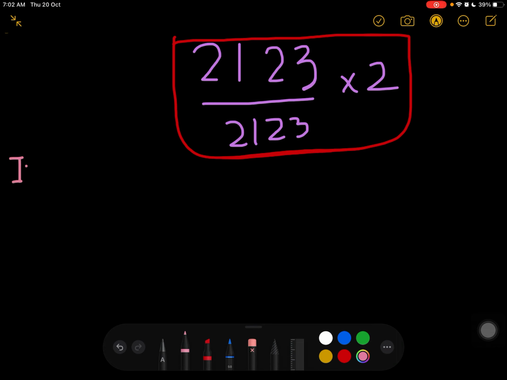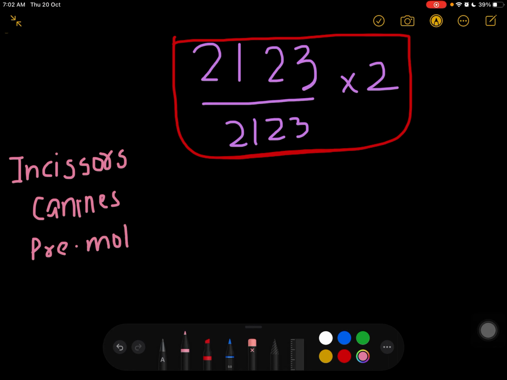First of all, we have incisors, canines, premolars, and then we are having molars, right? By this sequence you have to learn.